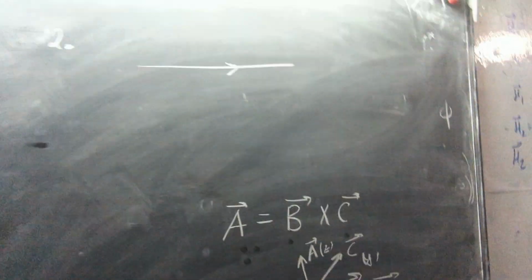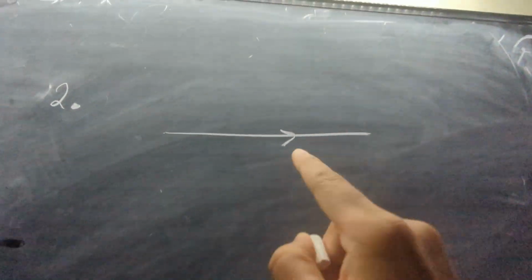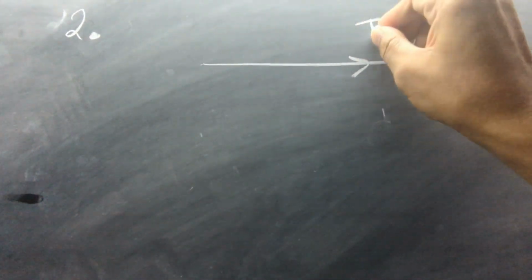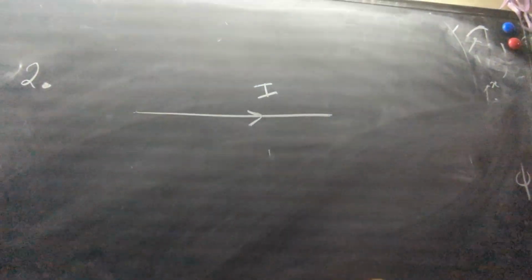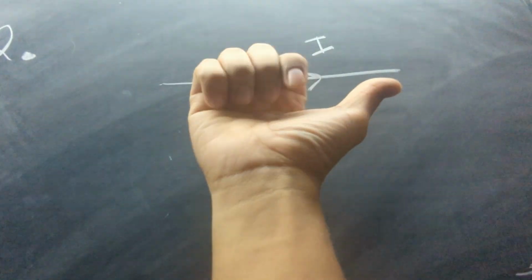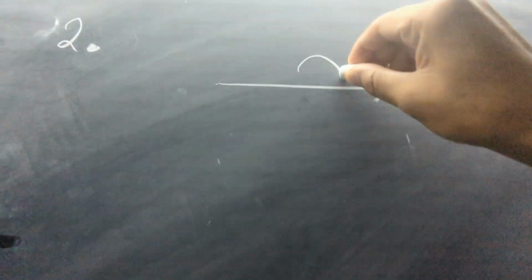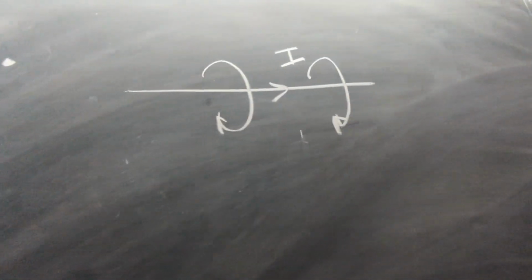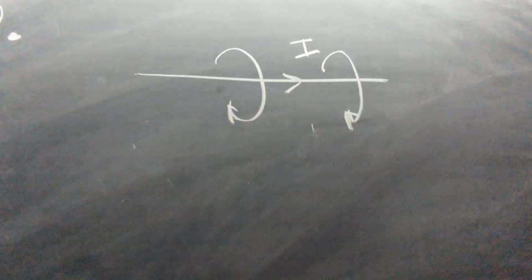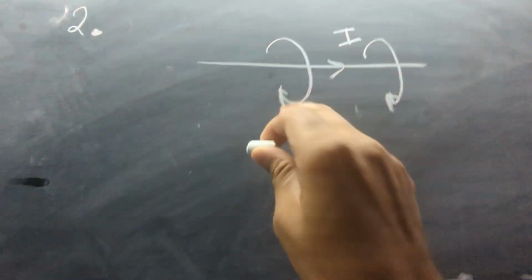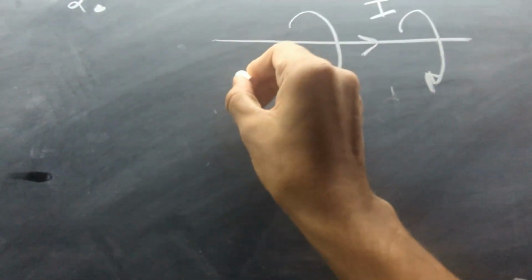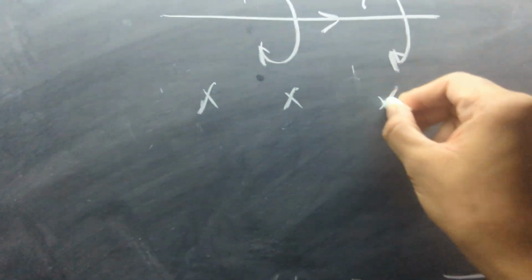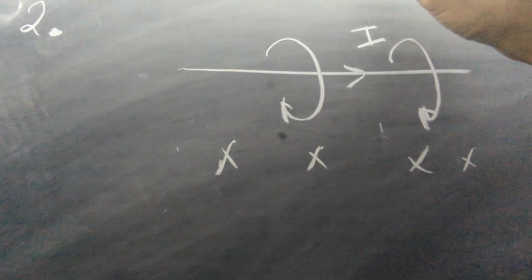Now there's another situation, when you have a current, let's say some current I. Then you point your thumb to the direction of the current and curl your fingers like that, and that gives you the magnetic field direction. If you want to be more technical, this side will be into the board, so the magnetic field here will be like this and here like that.